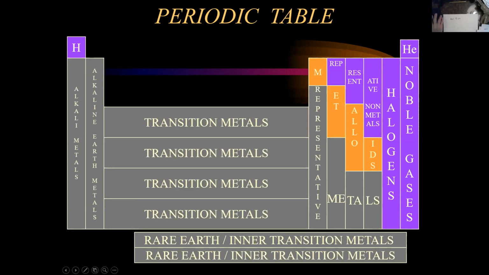Similarly, the bottom 14 elements fall between actinium and rutherfordium, a new element that's not been made very long, but they fall in that gap between them.